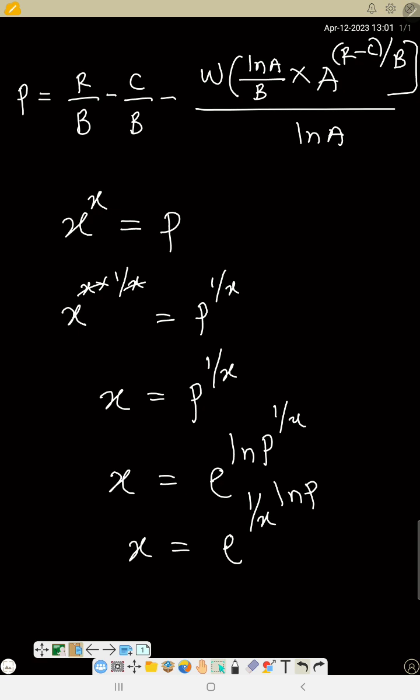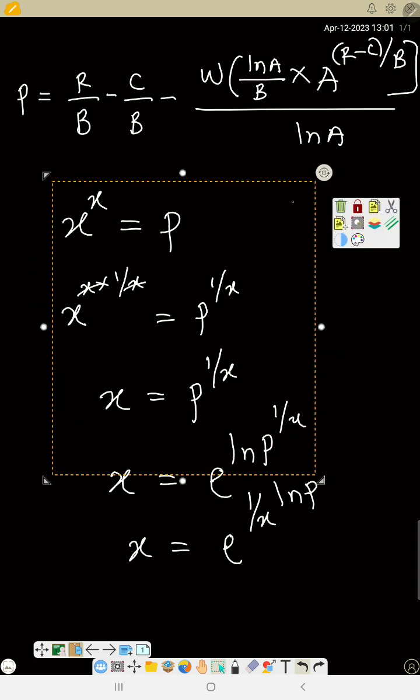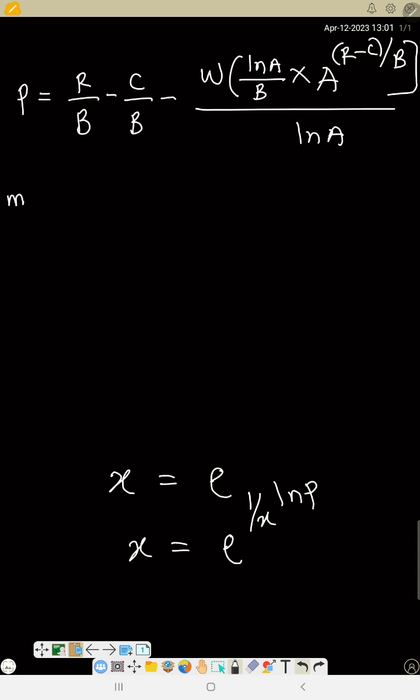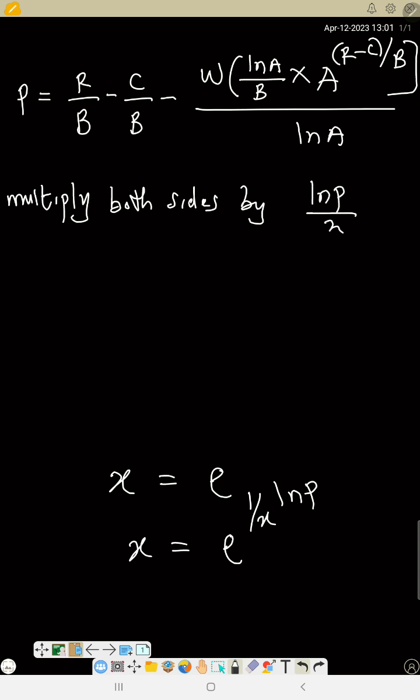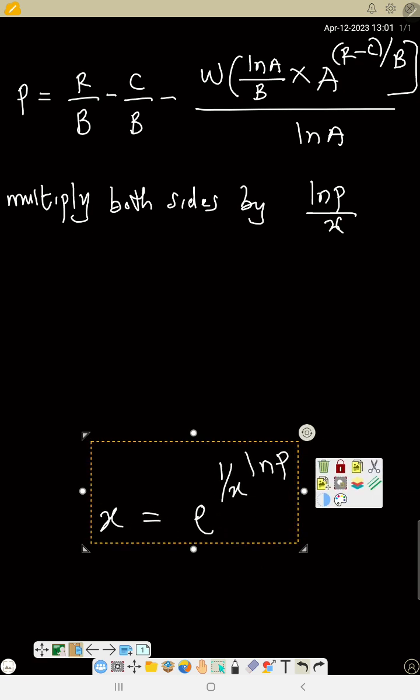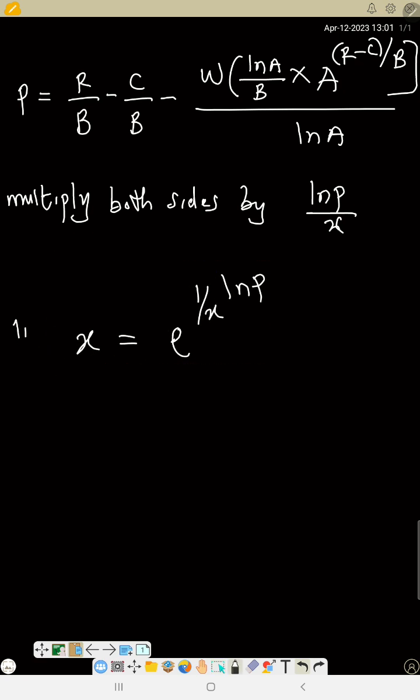So the next thing is you can multiply both sides by ln P divided by S. That means this place will be ln P over S. So we are multiplying both sides by ln P divided by S. So S will cancel out.